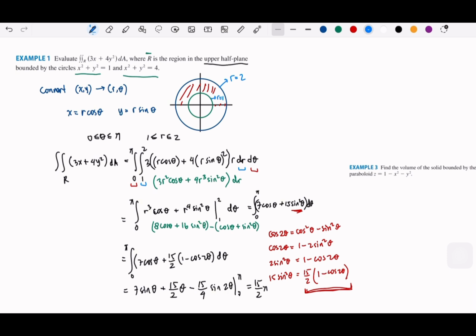But later, when we learn about the Jacobian, when we transform a function to another set of axes, we need to multiply with what we call the Jacobian transformation, and the result for that is actually this r. We are going to learn that, but after a few topics.